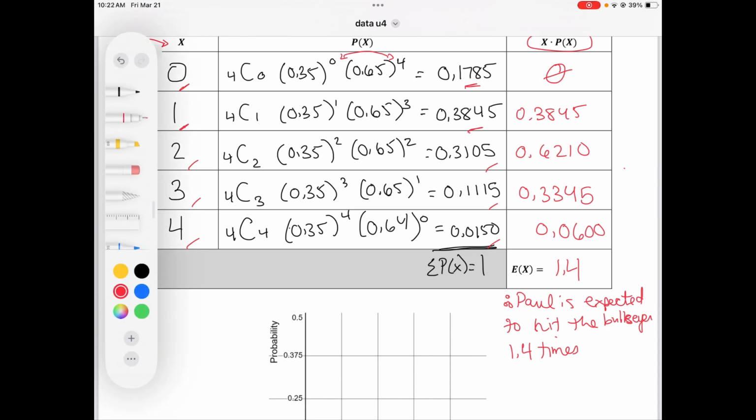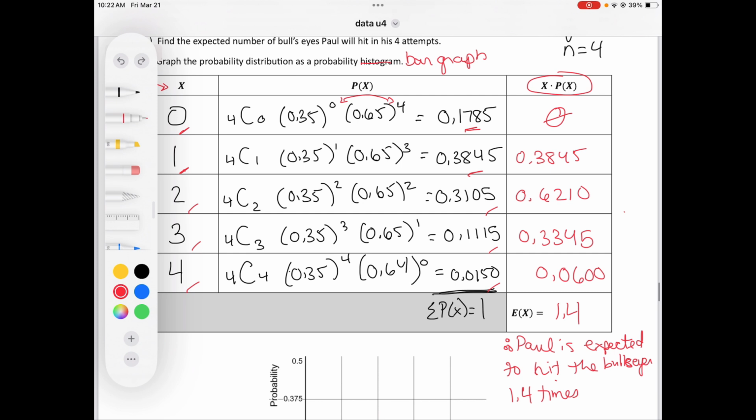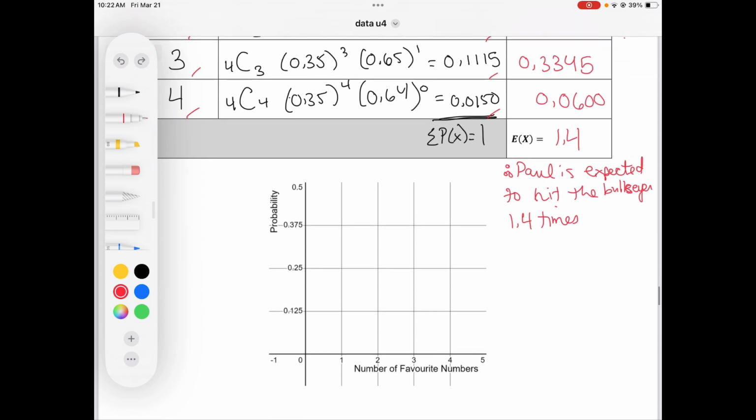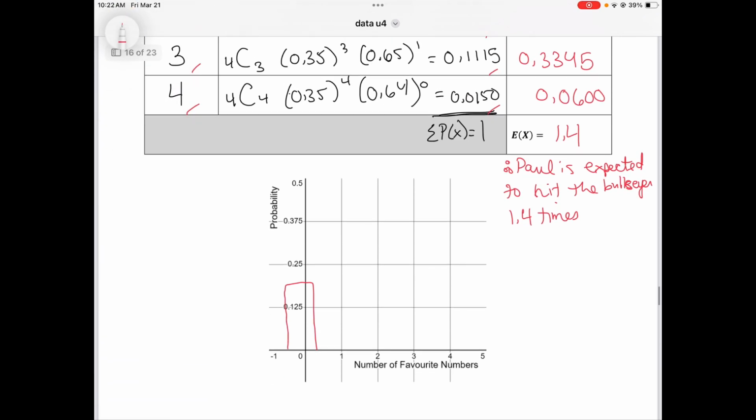Oh, no, I was looking at expected value. 0.1785. So 0.1785 will be about here. Okay, probability of hitting it once, 0.3845.